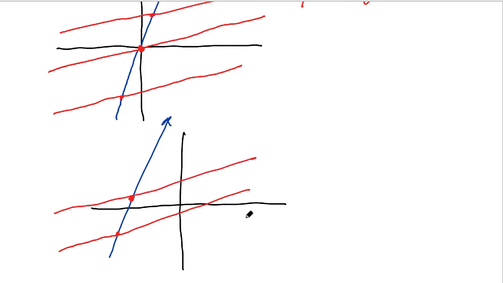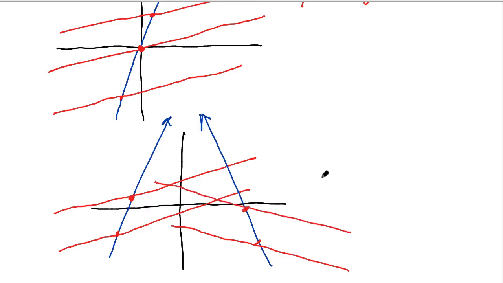Now, if we have another observer who's moving, say, along a world line like this, for this observer, 1 over the slope for this observer, those lines are tilted like this. All right, so clearly two events, for example, an event here and an event here, that are viewed as simultaneous by this observer on the left are not viewed as simultaneous by the observer on the right.